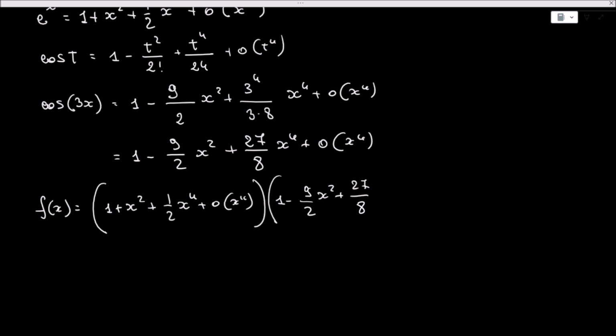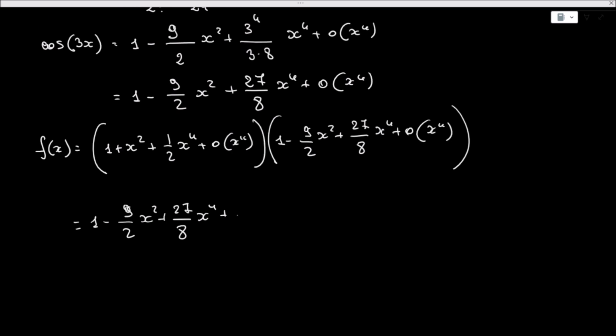Alright, good. So let's multiply this out. We first multiply the 1 from the first term, so we get exactly the second factor, 1 minus 9/2 x squared plus 27 divided by 8 x to the 4 plus little o of x to the 4.